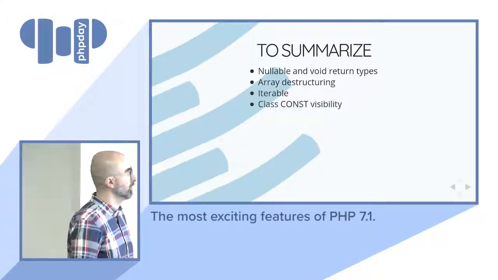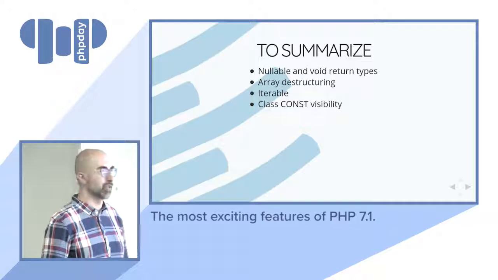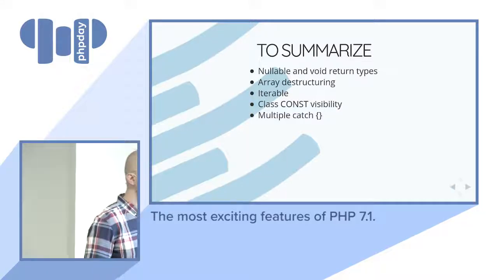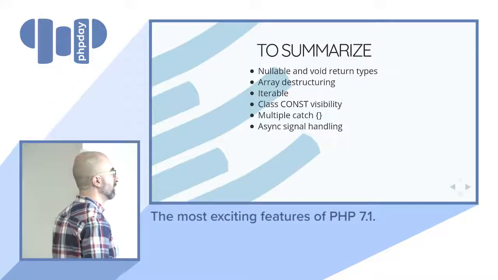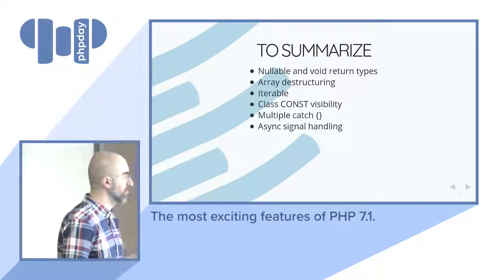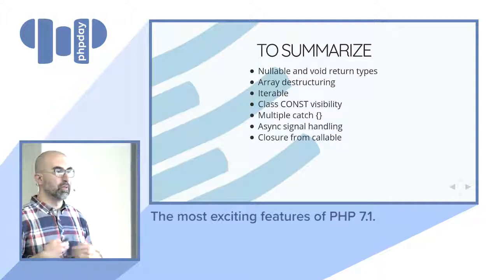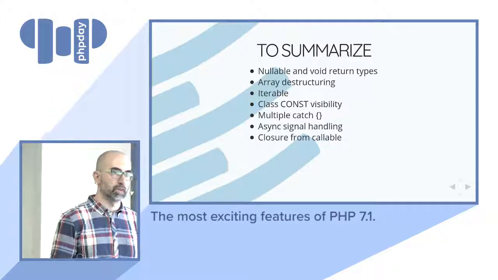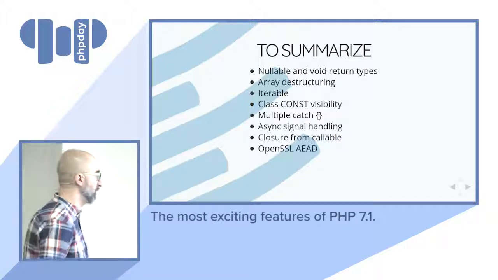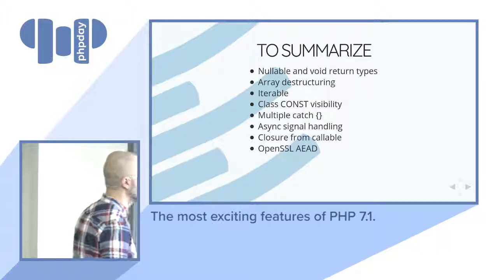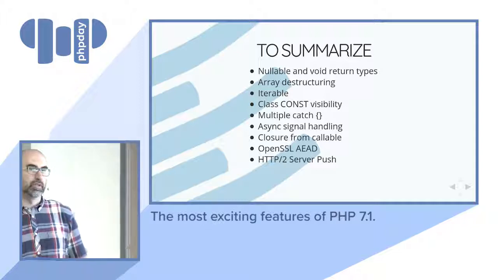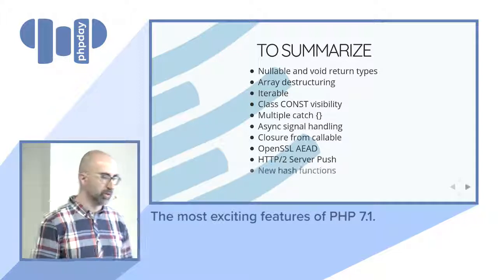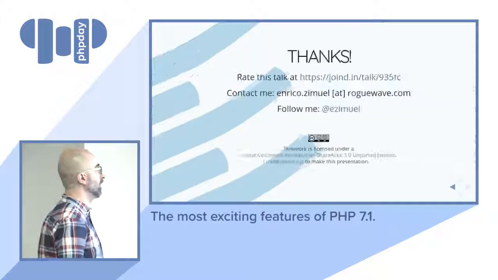We can have specific visibility for constants, very important. We have multiple catch. We can better process scripts using asynchronous signal handling. We can create closures from callables. We can encrypt information using authenticated encryption. We can start to use HTTP2 with curl, new hash functions, a lot of stuff.